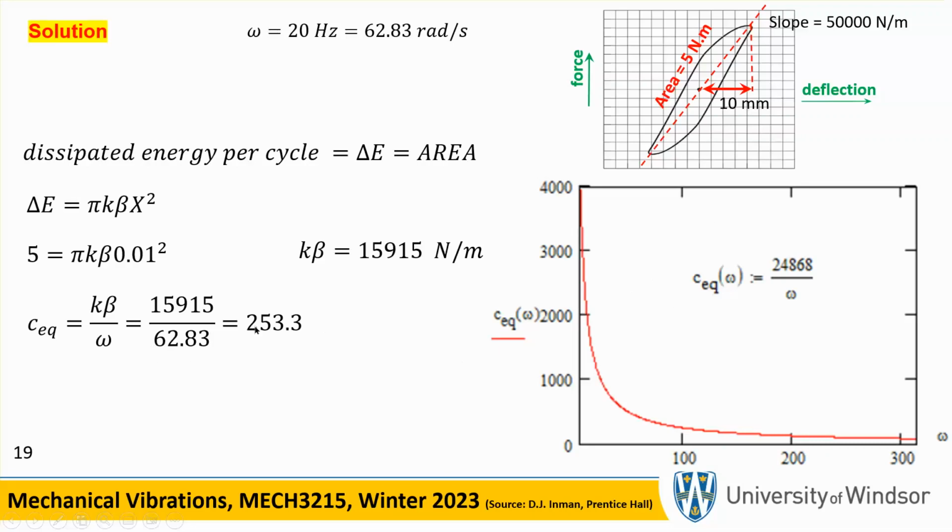Now, when I say there we are, the second part of the problem is to plot that equivalent viscous damper as a function of omega. Notice that C equivalent has omega in it. It says if I did this for a different omega, what should I expect? So this is the plot that you're going to get for different values of omega.